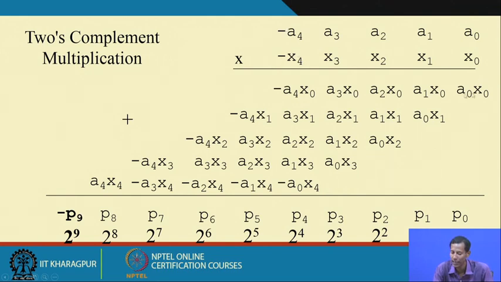Now, if we do the bitwise ANDing operation, for this I get minus A4 x0, then for this minus A4 x1, for this minus A4 x2, and this minus A4 x3. For the final one, all of these will be minus except this one, because minus minus is plus, and the rest of the multiples are negative. Now, whenever we design the hardware, how can I represent this as minus?